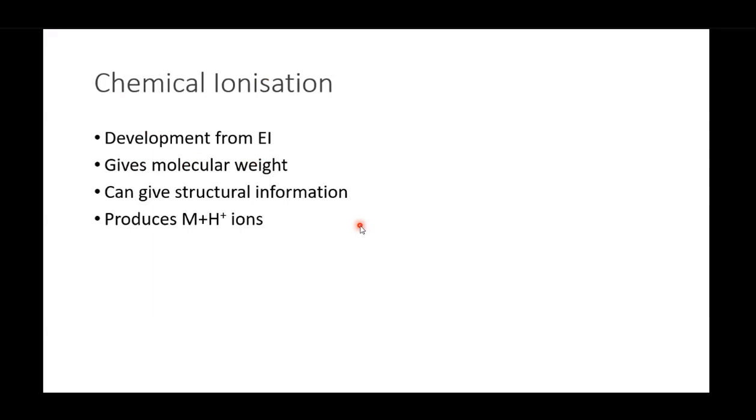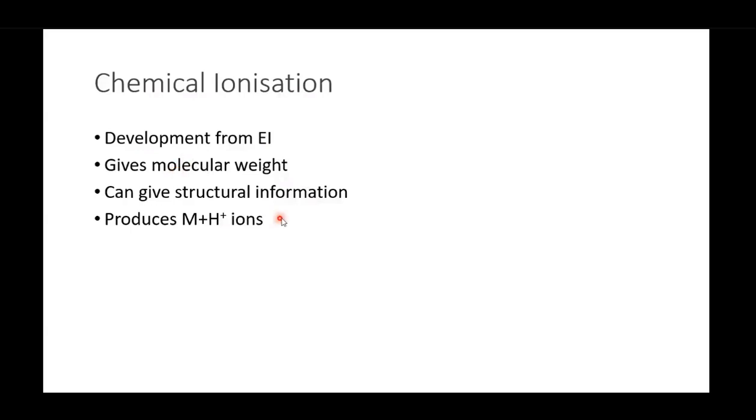Now, as I said, sometimes you may not get a molecular ion. In such a case, especially when you work with some unknown compound which may not be in the library, and you are not sure whether the spectrum given by the GCMS is right or wrong, you can use a method called chemical ionization, which will definitely give you molecular weight information.